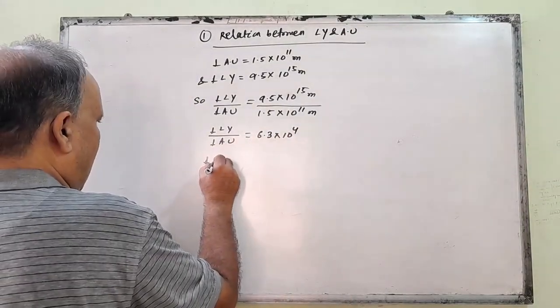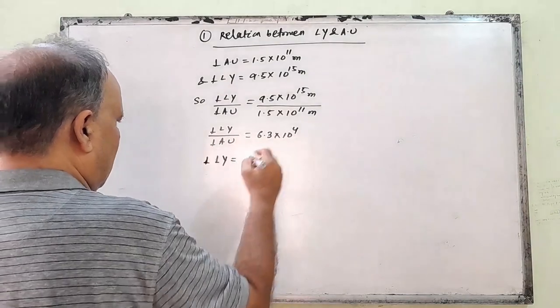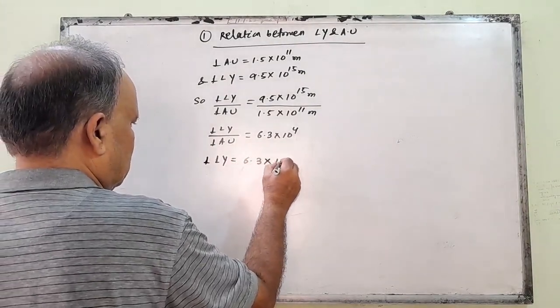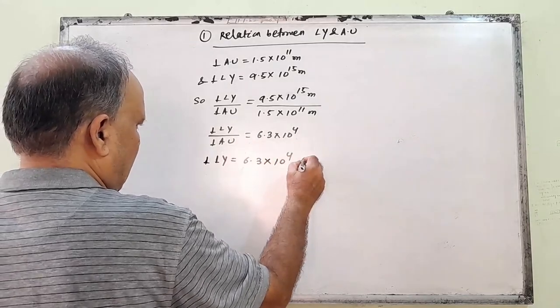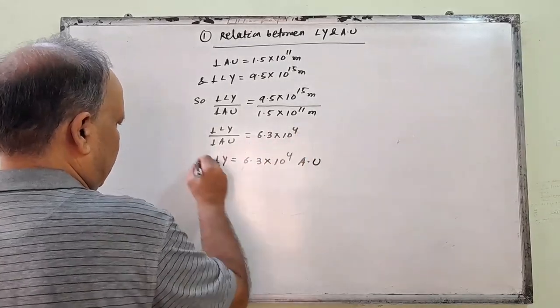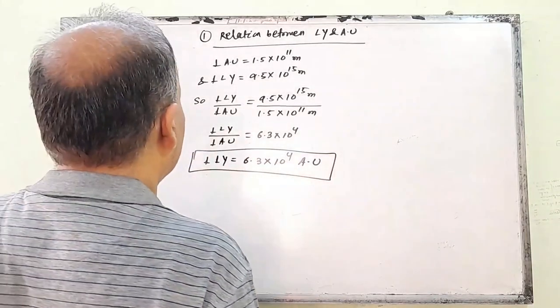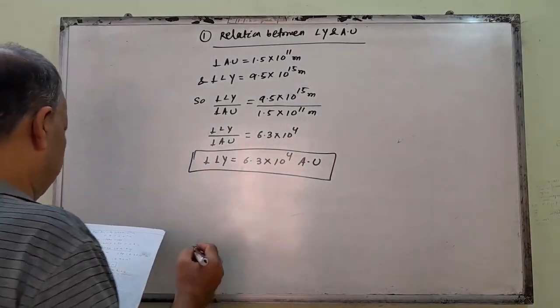So, one light year is equal to 6.3 into 10 to the power 4 astronomical unit. This is the relation between light year and astronomical unit.